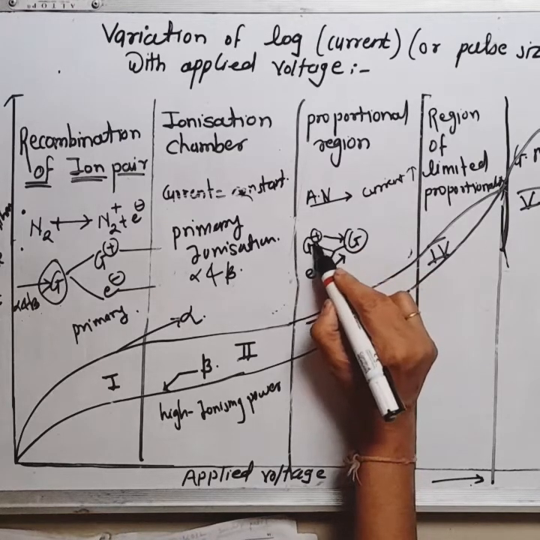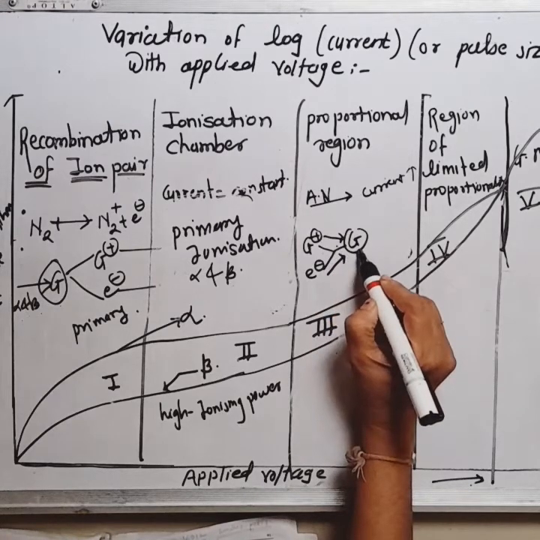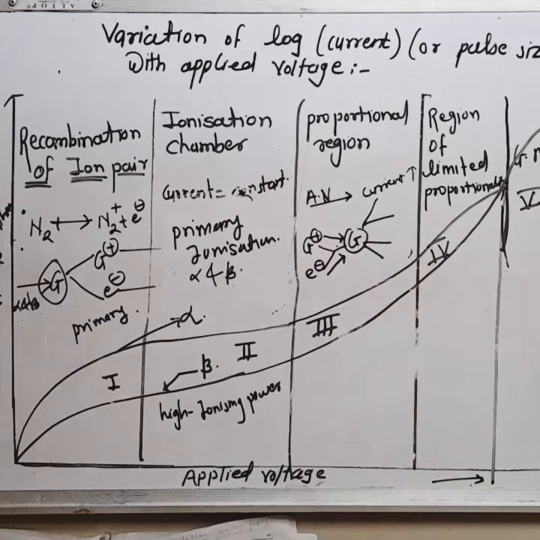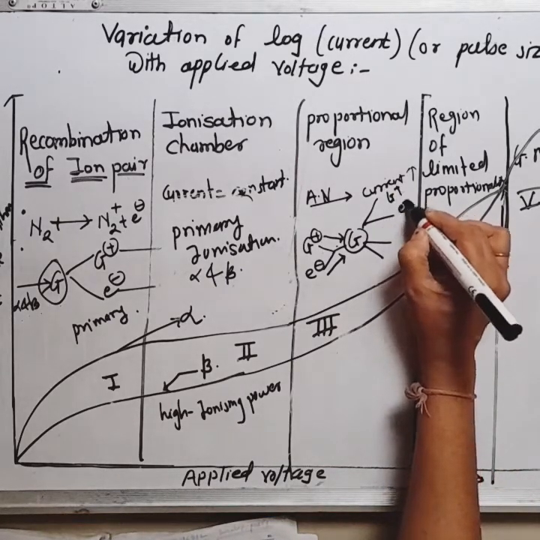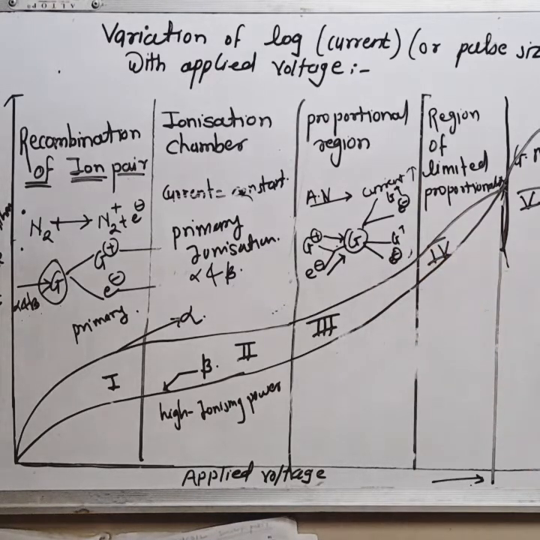The kinetic energy of these ions collides with the neutral gas molecules, and these gas molecules also form ion pairs, positive and negative, the same thing. Such ion pairs are formed in the proportional region.